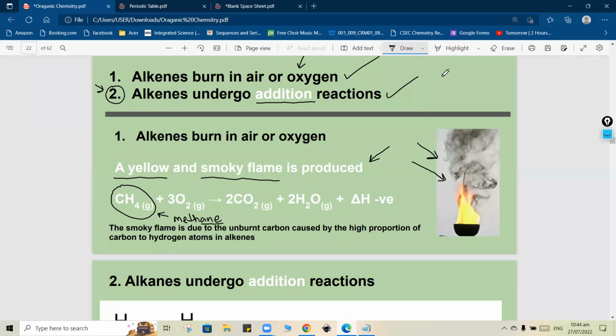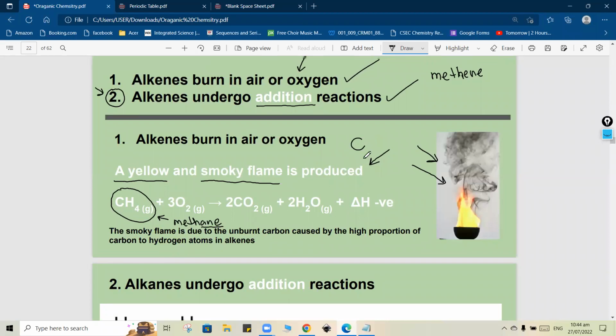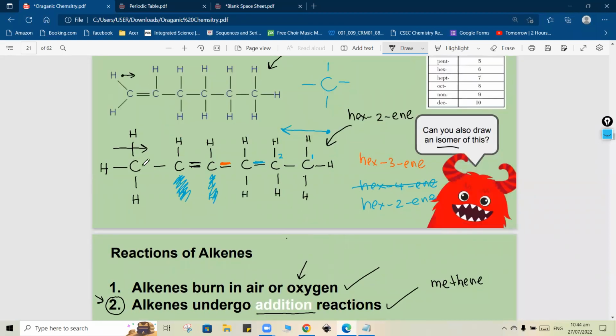I would like you all to try to draw something called methane and tell me if that is possible. Methane has 1 carbon, but for it to be an alkene, it must have a double bond. The double bond has to be in between the carbons. Now, let me give you an example. Remember, for it to be an alkene, it must have double bonds in between the C's. Look at this one too.